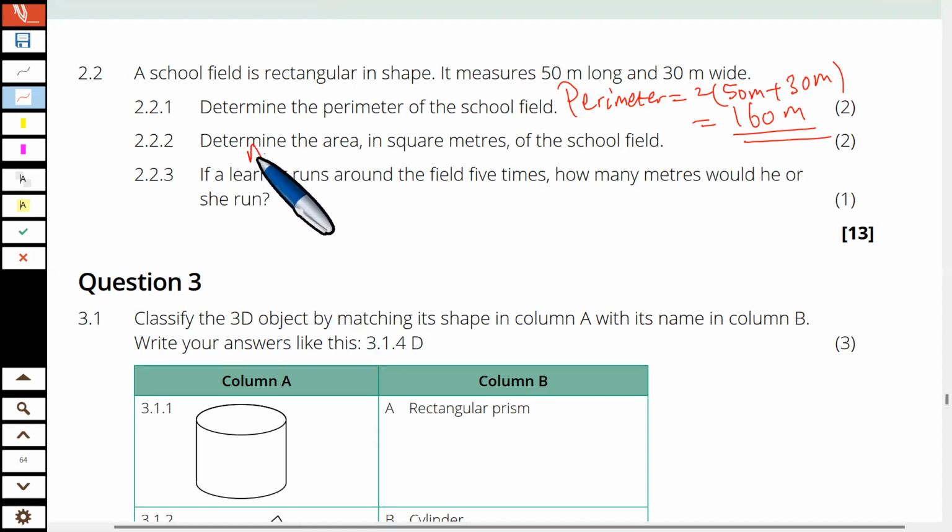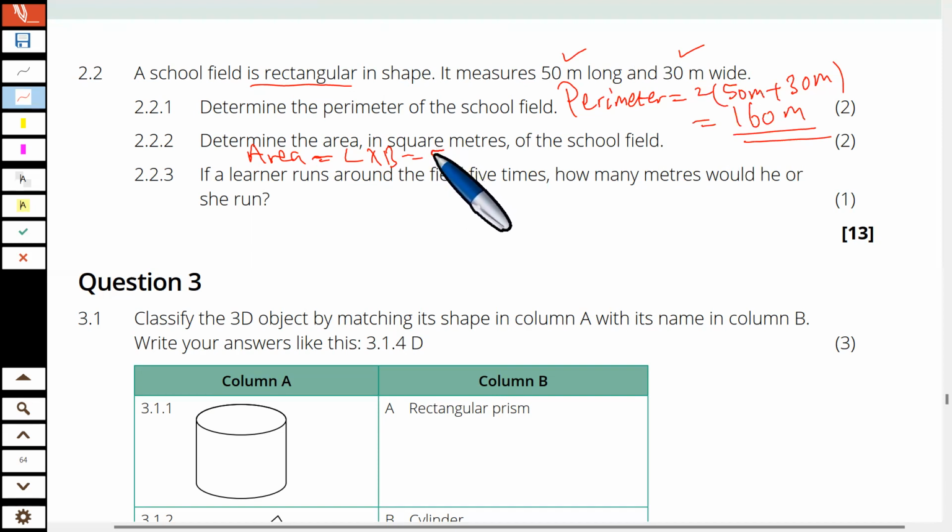So the area, yeah, it's going to be length by breadth because we're dealing with a rectangle. So the area is length by breadth, which is the area of the rectangle. The longest side is 50 and the shortest one is 30 meters wide.